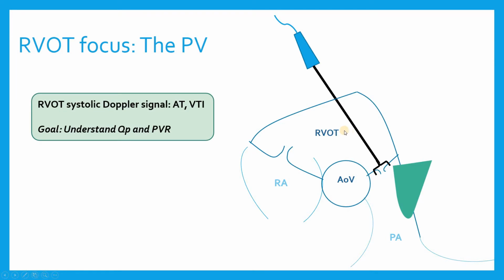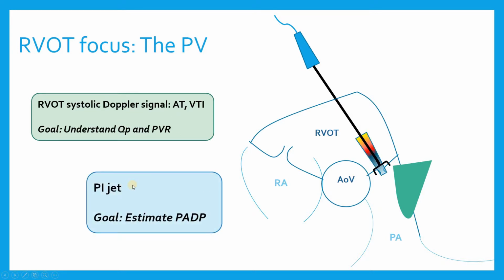First, I can look at my RV OT systolic Doppler signal, and I can measure a couple of parameters that help me understand what the cardiac output is through the lungs, or the QP, as well as pulmonary vascular resistance. I can also pick up my pulmonary insufficiency jet in a lot of people, and that will help me understand what my pulmonary artery diastolic pressure is. So the focus here is all going to be around this pulmonary valve and its insufficiency jet.